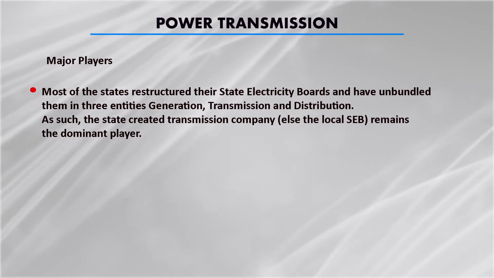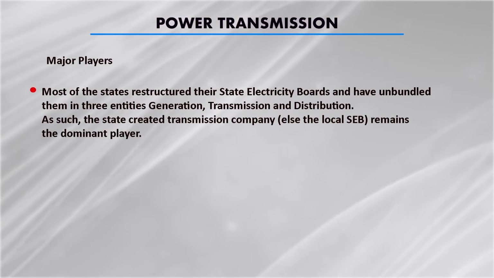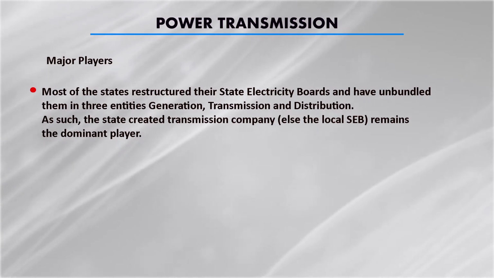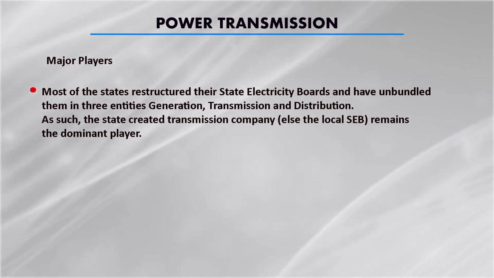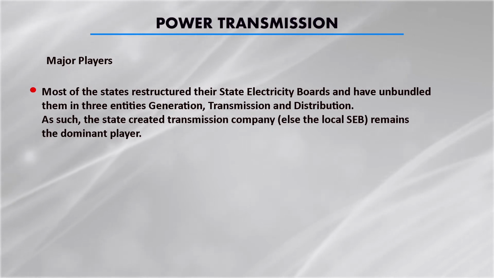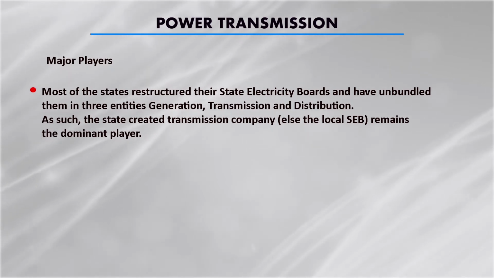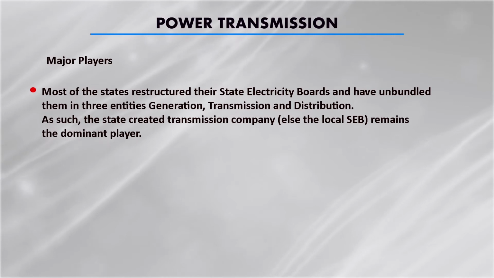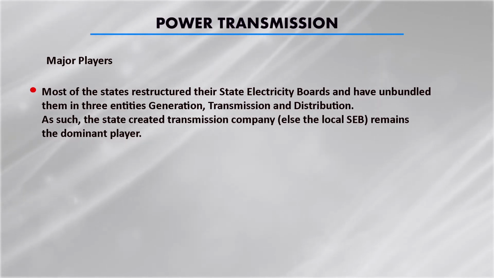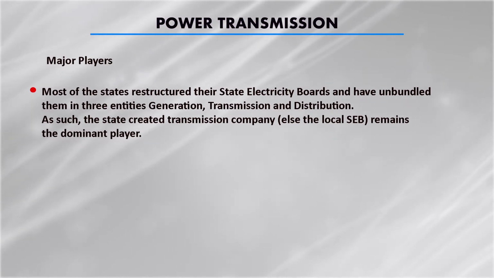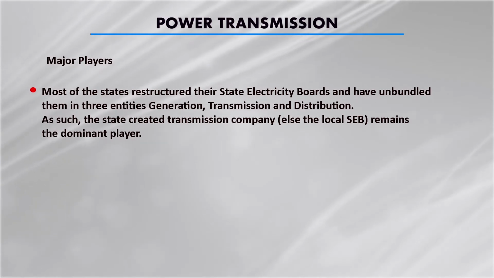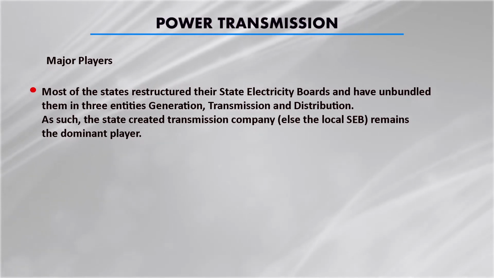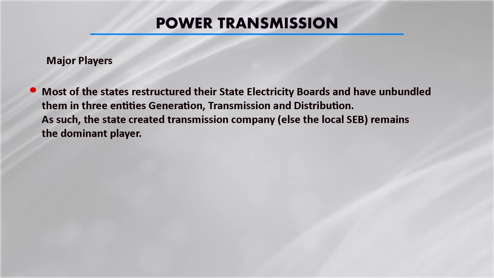At the time of independence, the state electricity boards were one utility handling everything: generation, transmission and distribution. Later the reforms came and unbundling was made into these 3 entities.